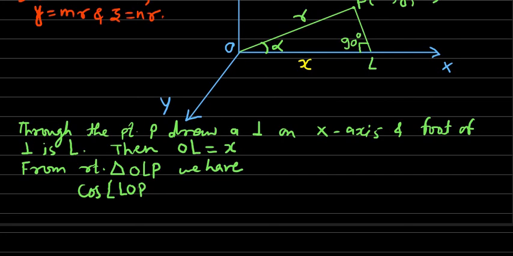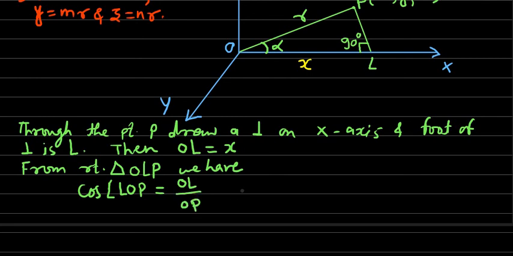Cosine of the angle LOP, because this angle is suppose alpha, is equal to OL upon OP. It is equal to OL divided by OP.